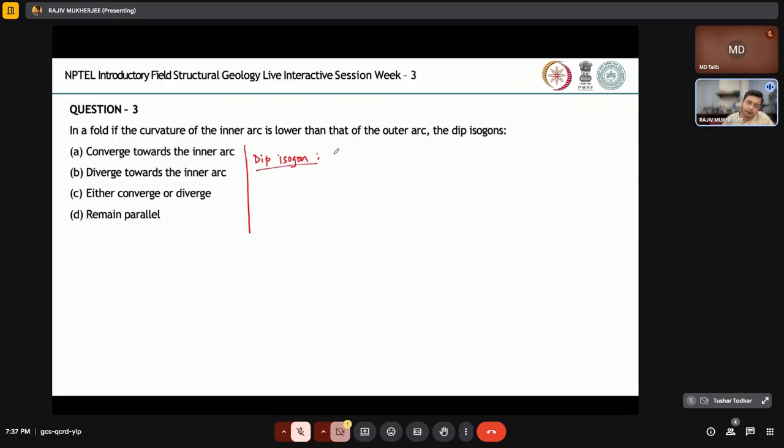So the dip isogon is the imaginary line that connects the points of equal dip between the extrados and the intrados.